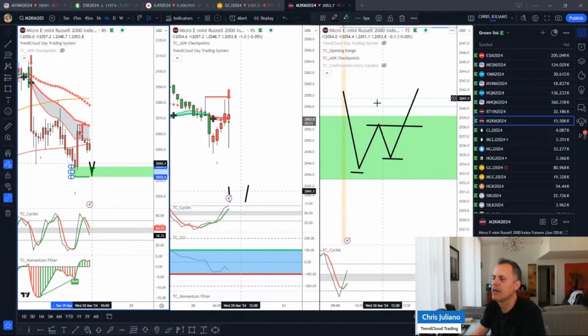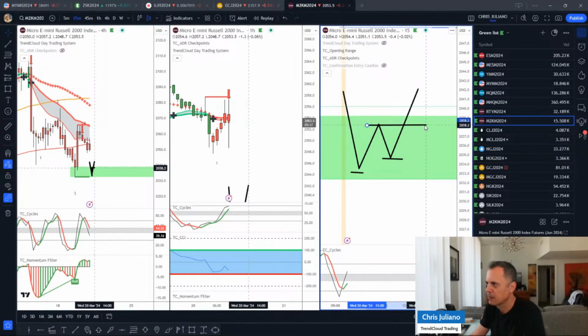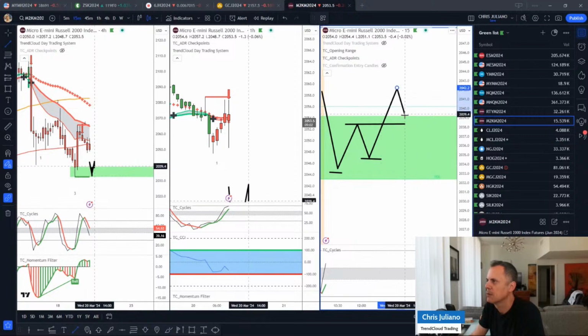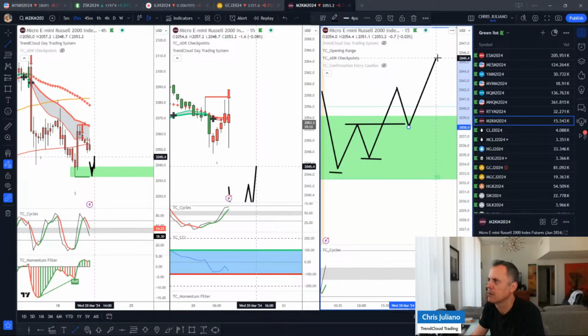You can take the entry right here aggressively. Or you can wait for that to happen, and then what would you do? You take the retest of that breakout for the move up, in which case you would take the trade right here.